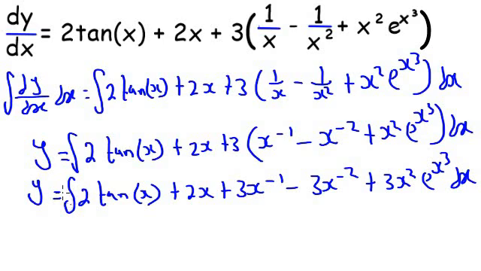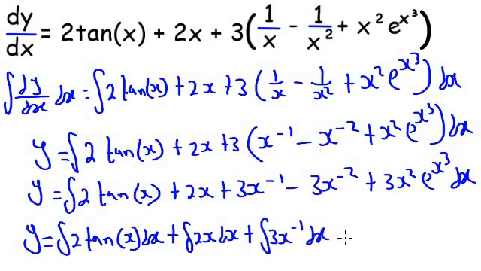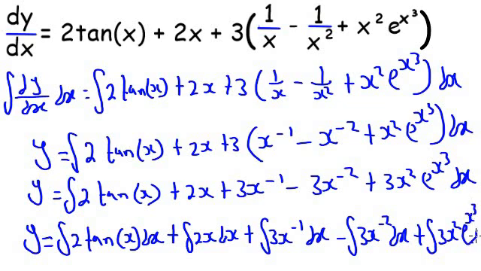Now, since I can distribute the integral to each of the terms respectively, since that's one of the properties of integration, I would like to do that right now. Then I can have the integral of 2 tan x dx, plus the integral of 2x dx, then plus the integral of 3x raised to the power negative 1 dx, then minus the integral of 3x raised to the negative 2 dx, then lastly plus the integral of 3x squared e to the power of x cubed dx.